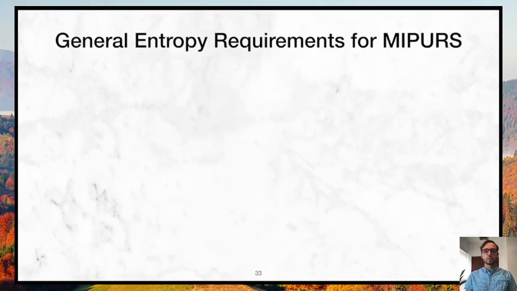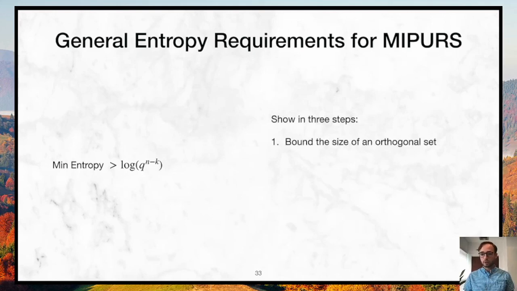I'm now going to talk about the general entropy requirements for MIPURS. If a distribution has minimum entropy greater than log q to the n minus k, we can show that it's MIPURS using 3 steps. 1, we bound the size of an orthogonal set. This is not a linear space, but instead a set that predicts inner product 0 with reasonable probability.